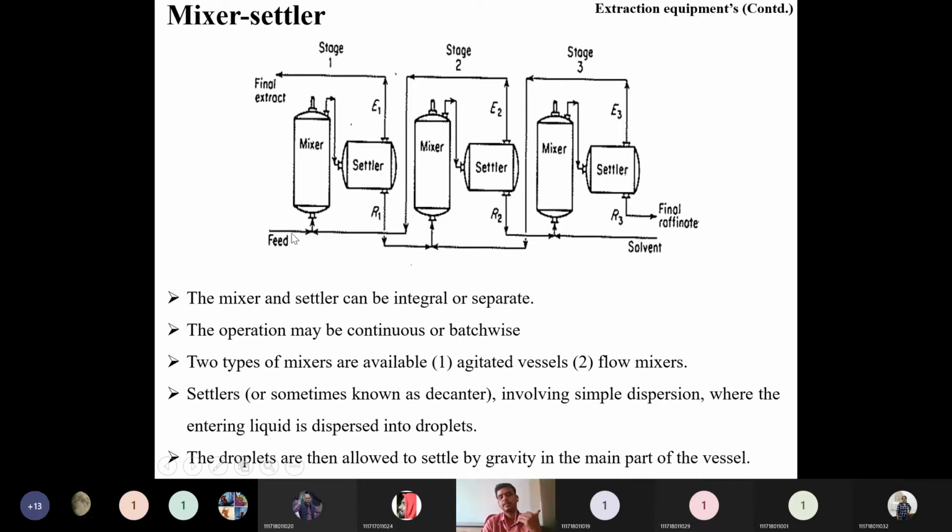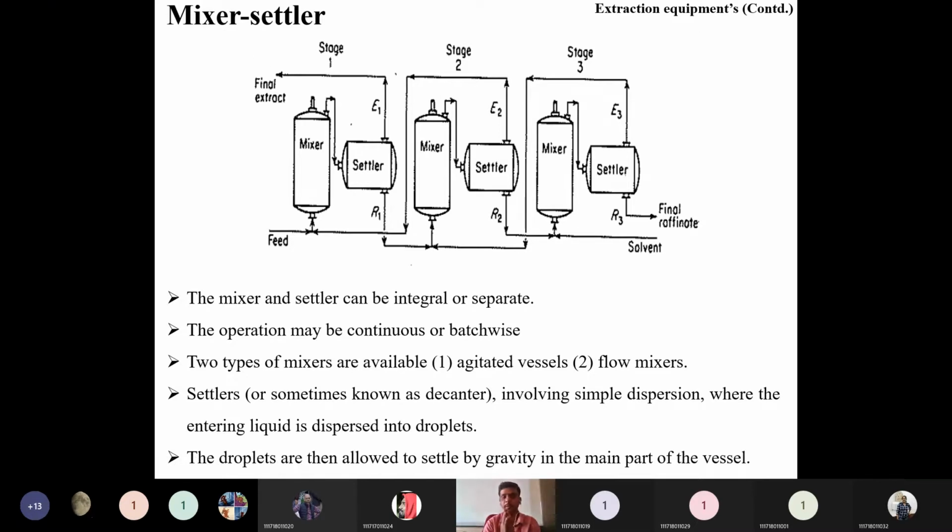Then we take the raffinate phase to the next mixer settler, which completes one stage, so this is stage 2. If you arrange the same setup again, it will be stage 3, then stage 4. In each stage we will have the extract phases.